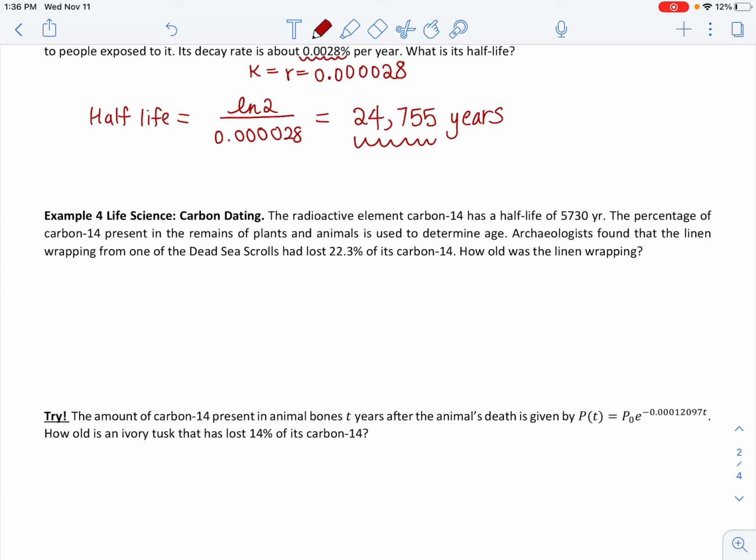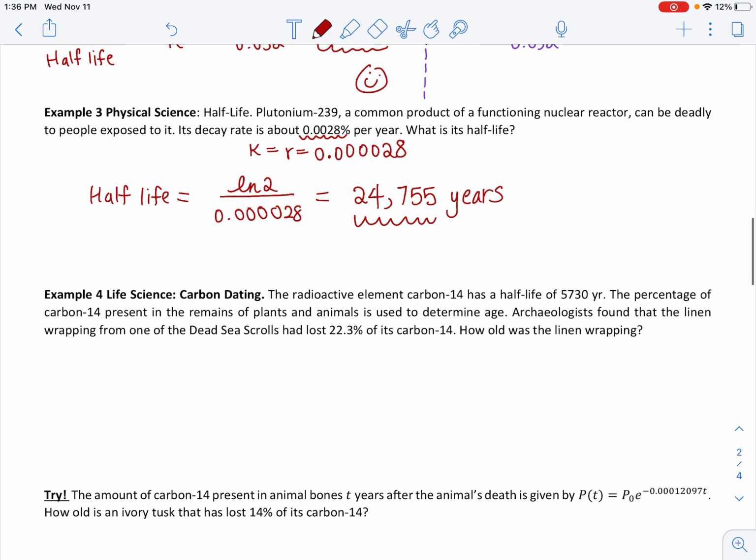Oh, so that we can figure out how old this dinosaur fossil is. Archaeologists found that the linen wrapping from one of the Dead Sea Scrolls had lost 22.3% of its carbon-14. How old was the linen wrapping?